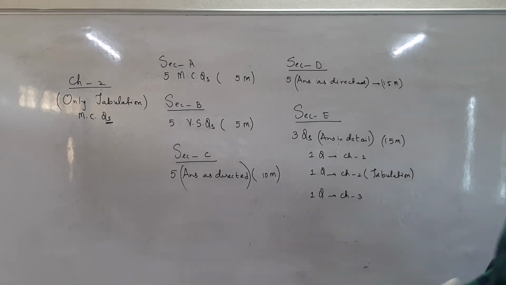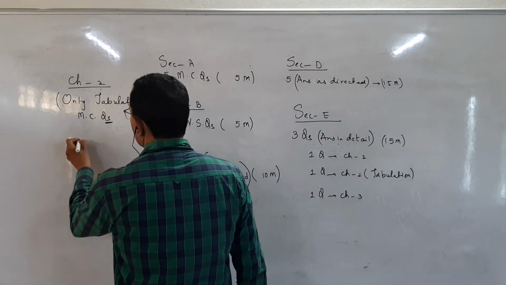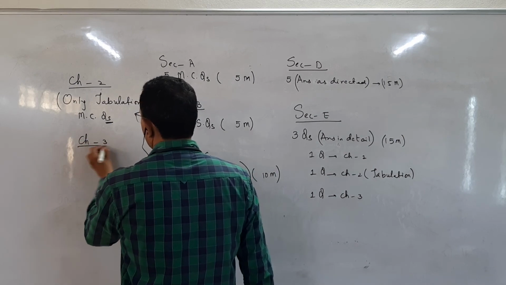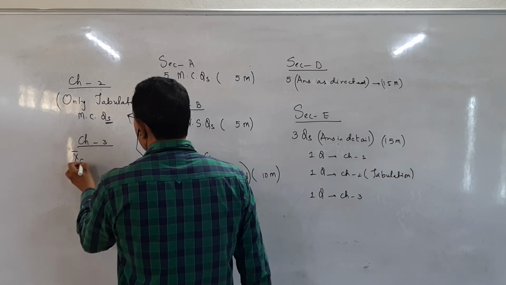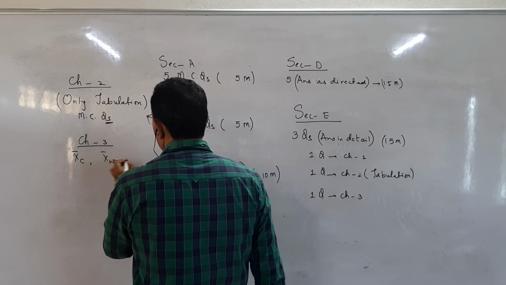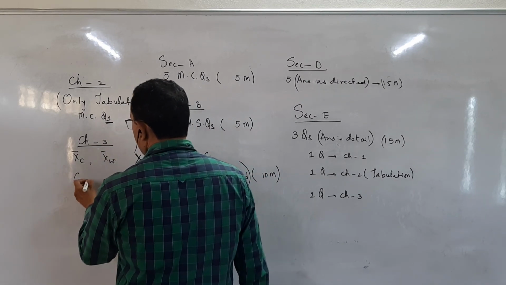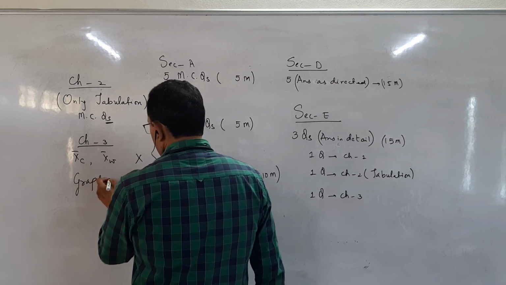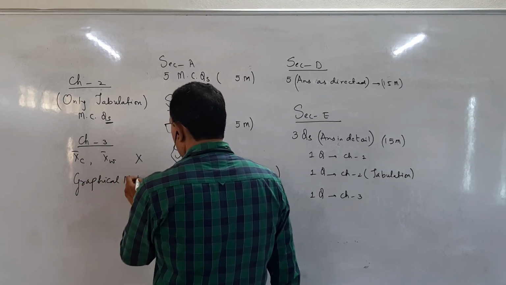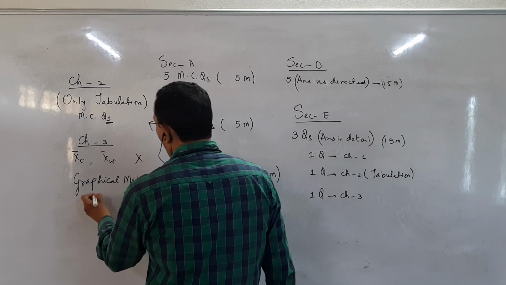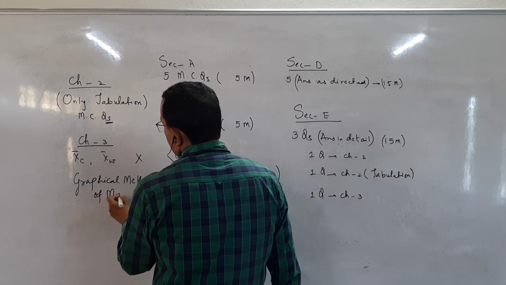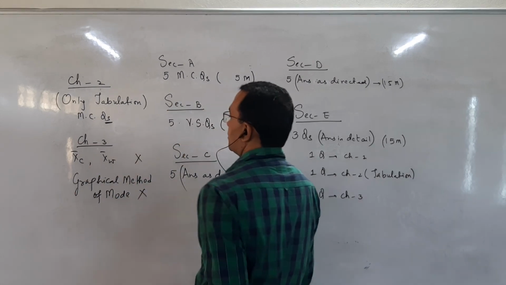From chapter 3, students, combined mean and weighted mean have been removed. We don't have to do them. And the graphical method of mode is also cancelled from chapter 3.